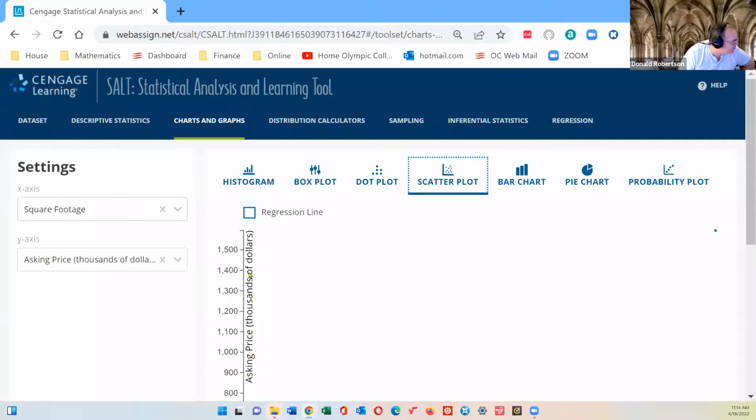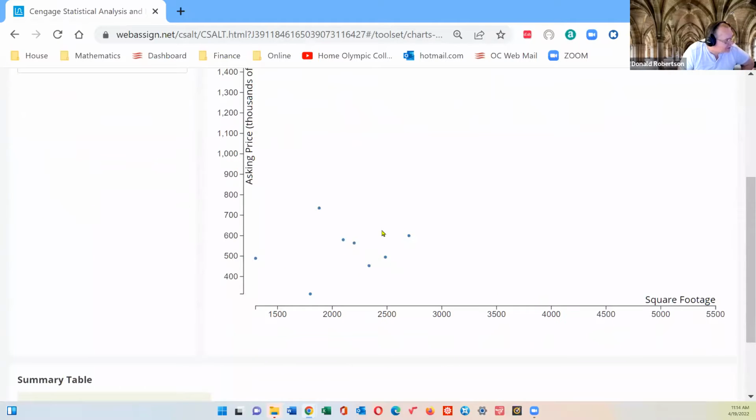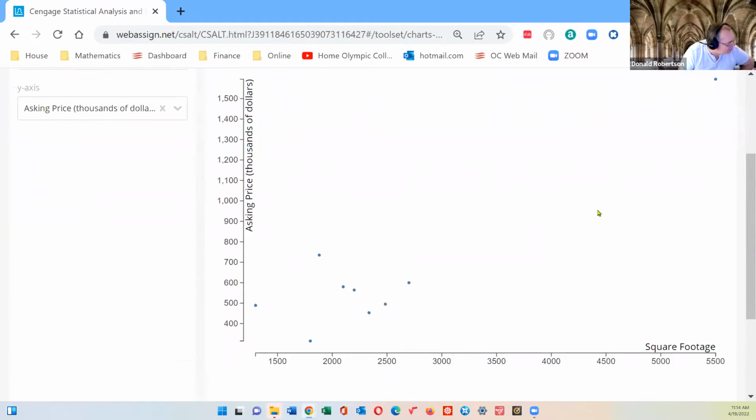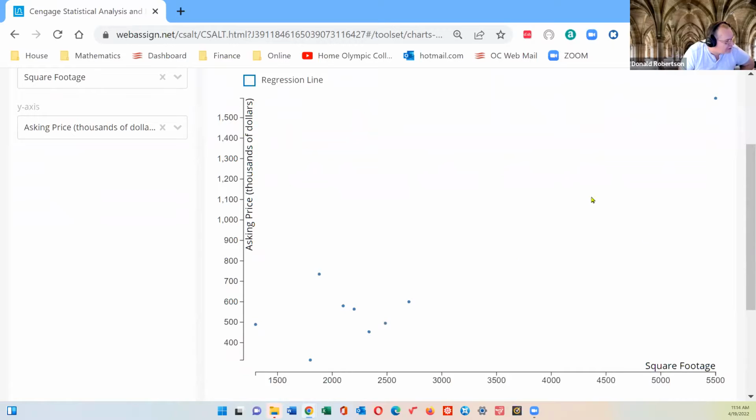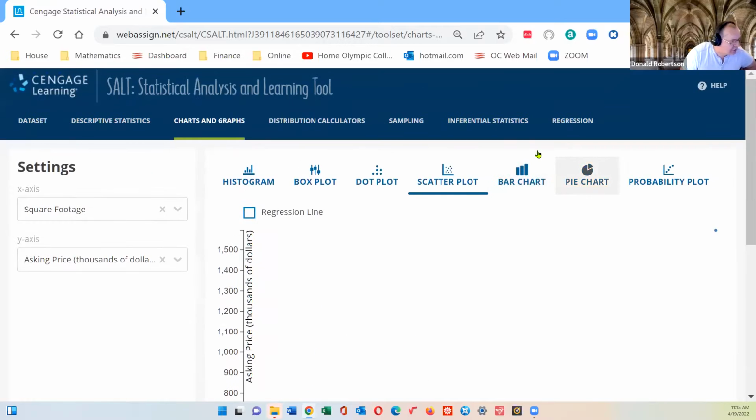There we go. Actually, not as good as I thought it was going to be. But if you look at this data, would you agree that this guy way over here is an outlier? Can you trust me that this data is sort of a kind of a linear, right?